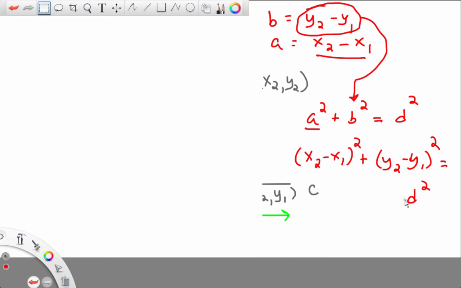Looking at this equation over here, I can rewrite that with the d squared on the left, and I'm going to put the other terms on the right.